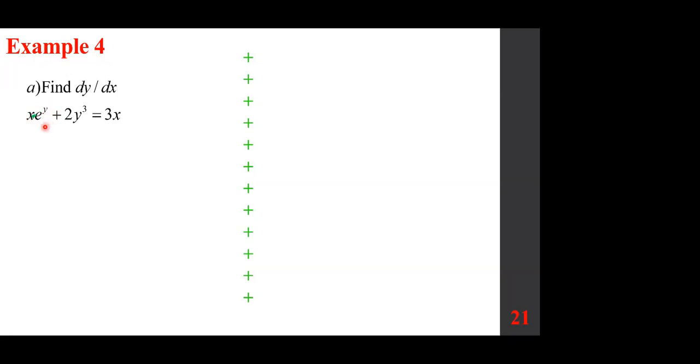So for x times e to the power of y, what do we get? X gives us 1 times e to the power of y plus e to the power of y. Can anybody tell me what is the derivative of e to the power of y?